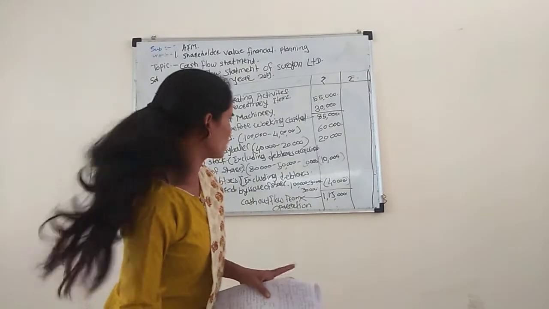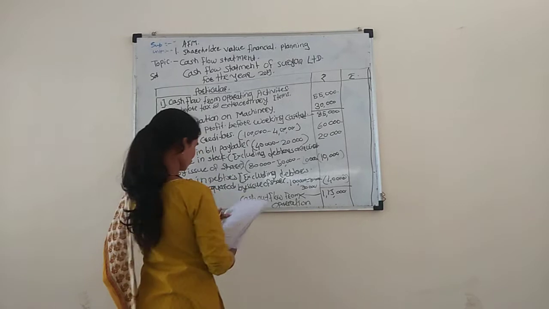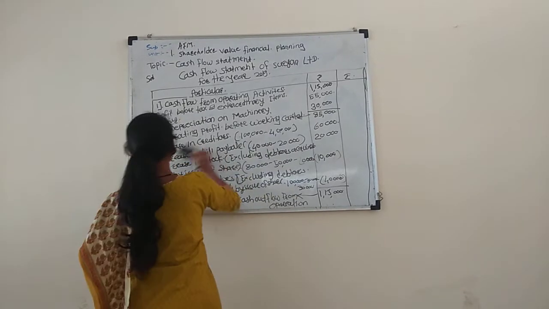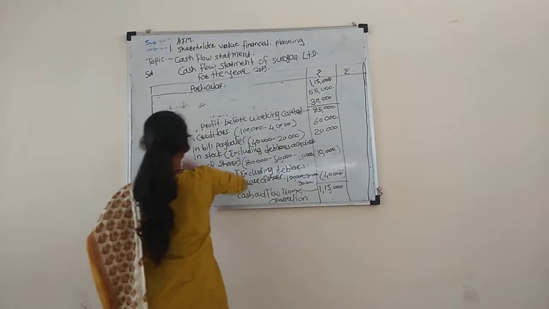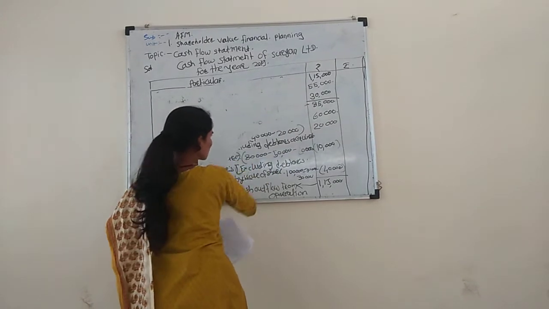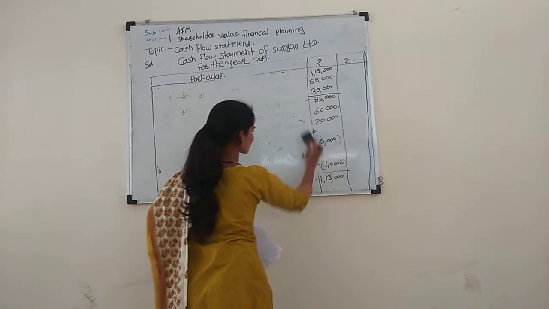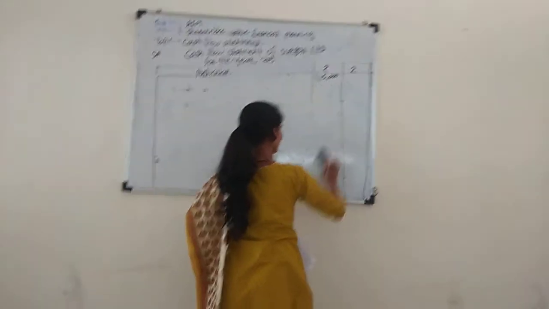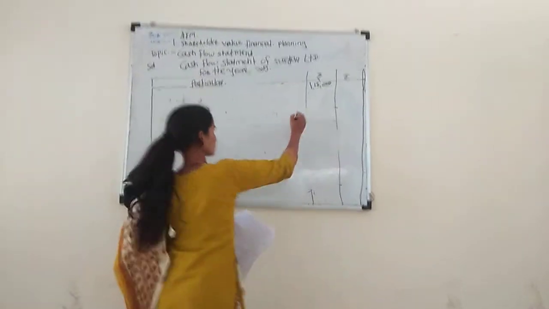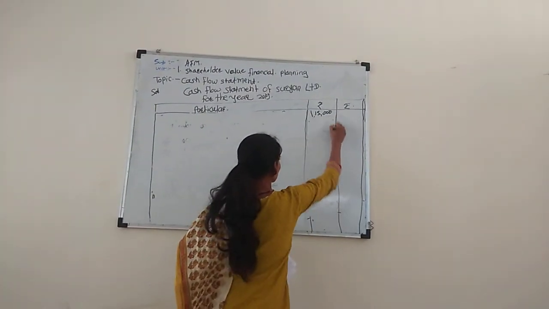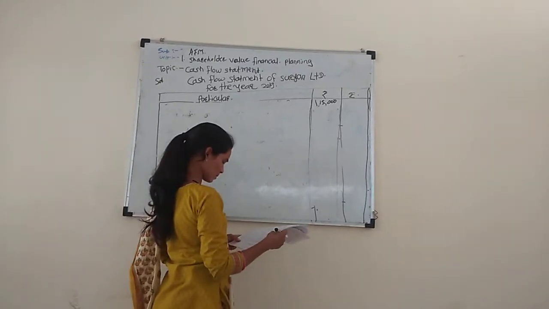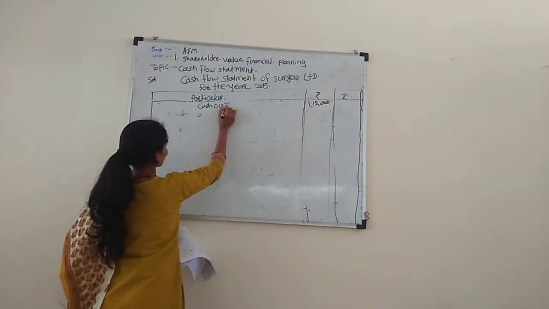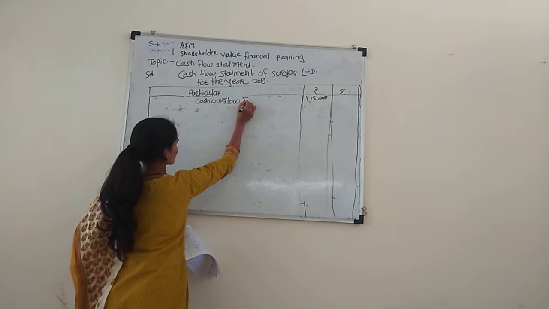And next, show the next one. This is a cash outflow from operation.